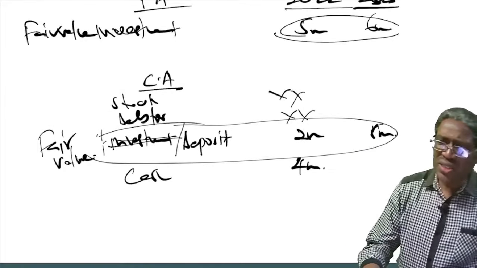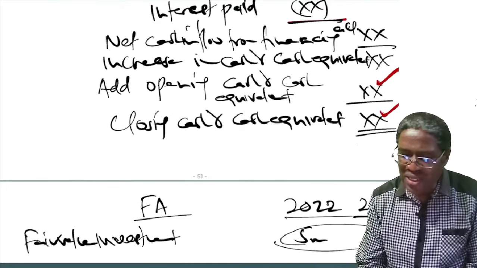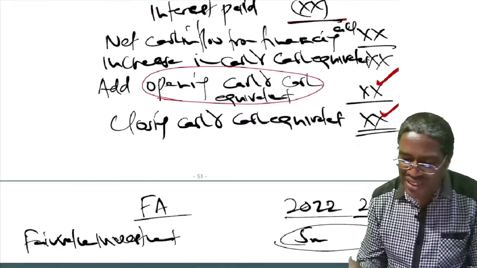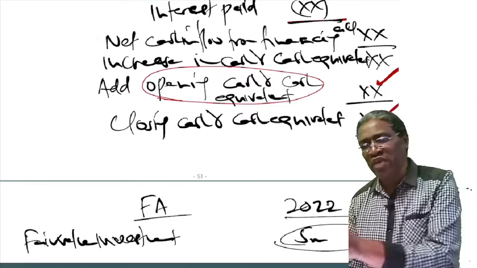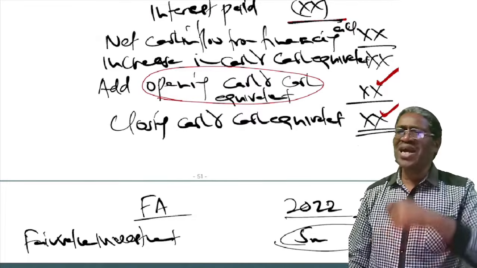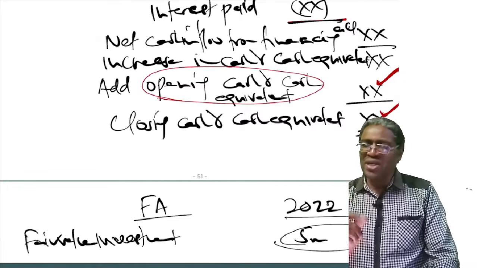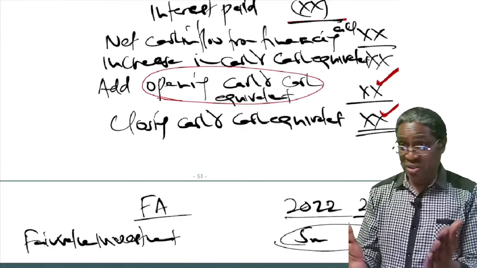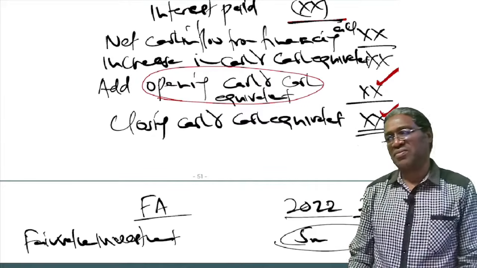When I was discussing here and saying opening cash and cash equivalent, we want to ask ourselves, what is a cash equivalent? We have just said opening cash. Cash and bank are synonymous. But the question is, what is this cash equivalent?